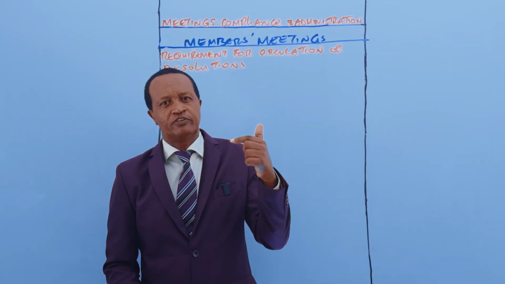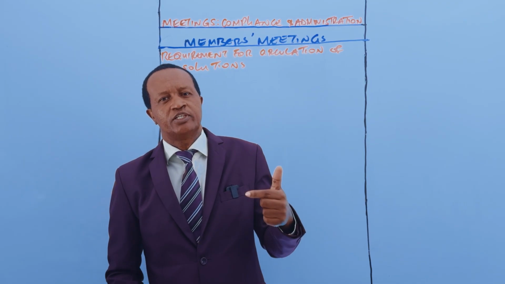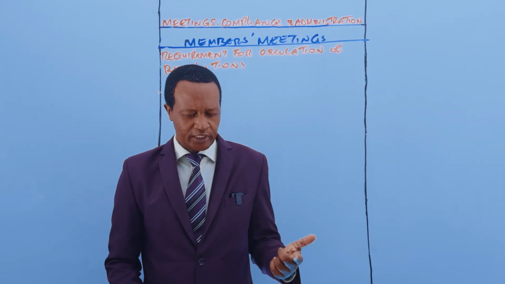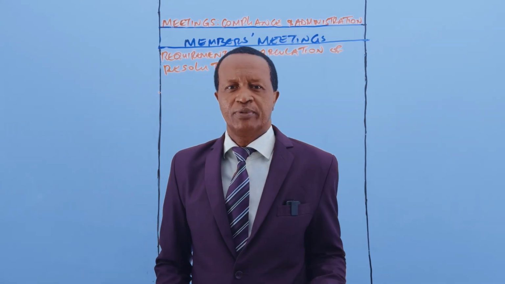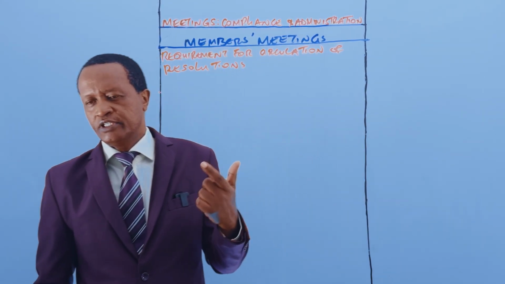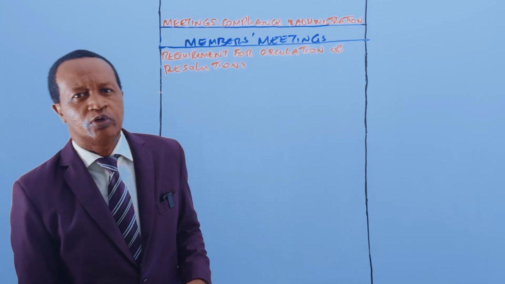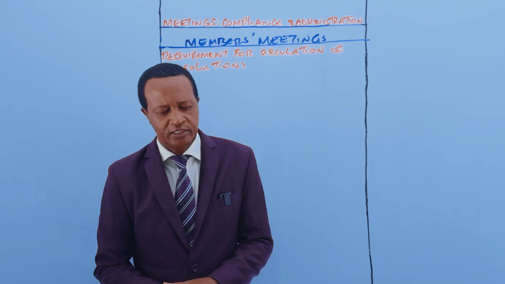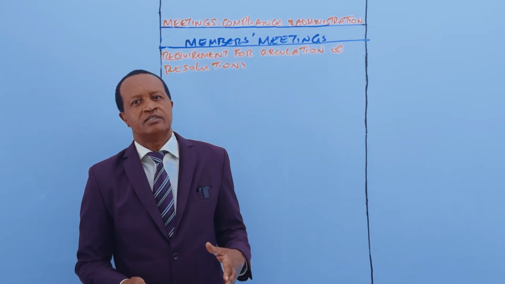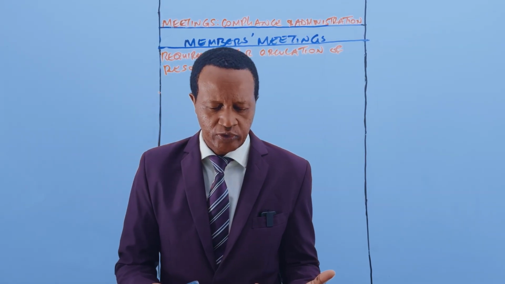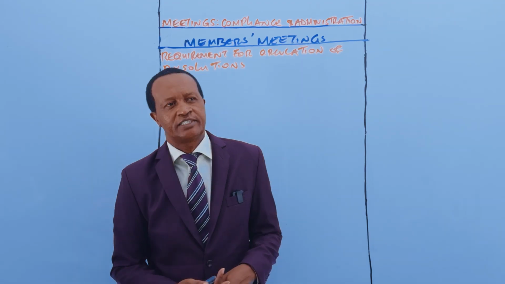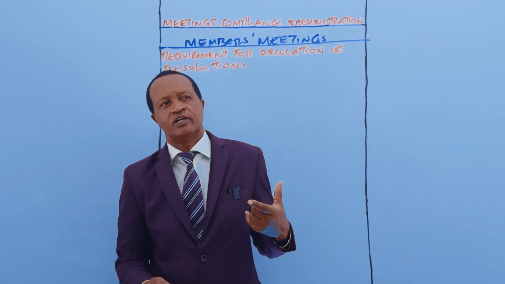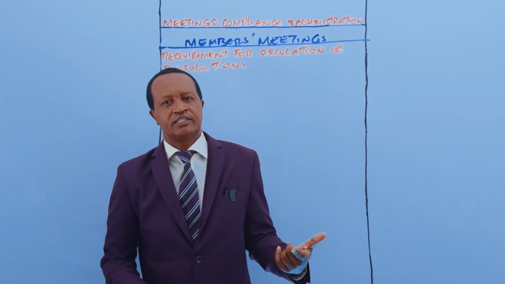Today we are moving to the fourth method, which is circulation of resolutions, and we are going to study the requirements for the circulation of resolutions. We defined written resolutions, or circulation of circulars, as a method of holding a members meeting.